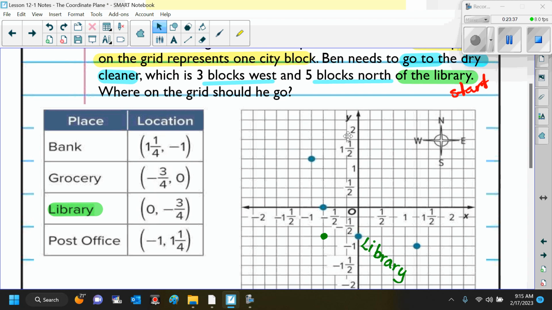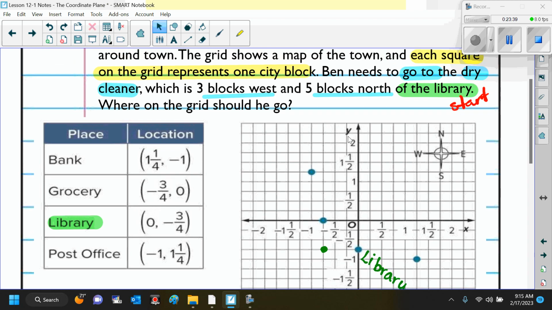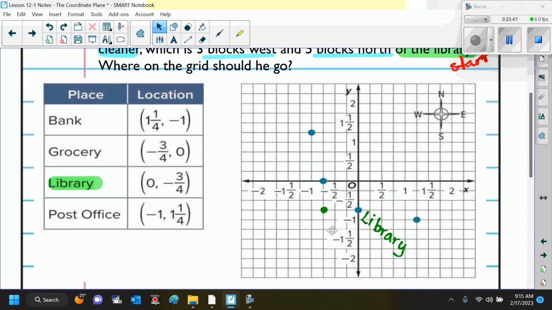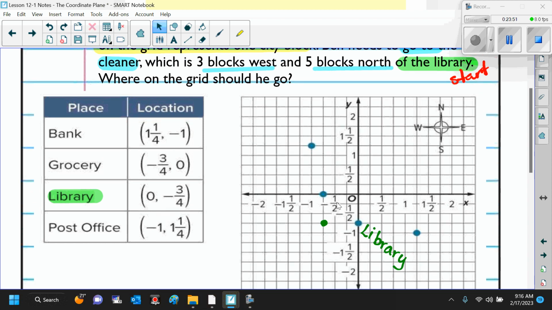And remember, up here we highlighted that each square on the grid represents 1 block. So we're not counting by ones, we're just counting the squares this time. So we're counting 1, 2, 3 blocks west and 5 blocks north. So that's 1, 2, 3, 4, 5.